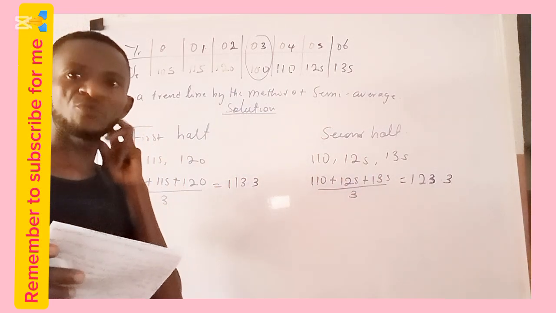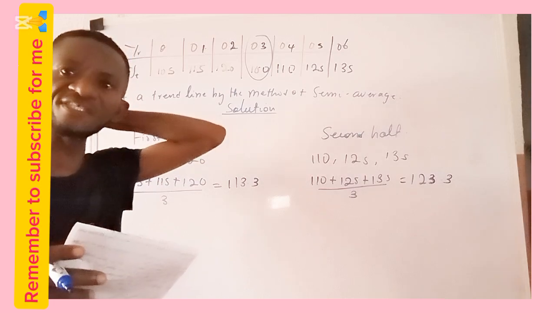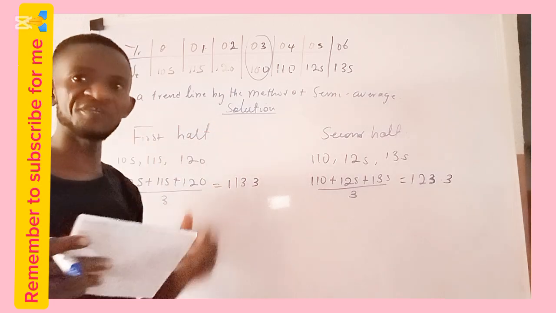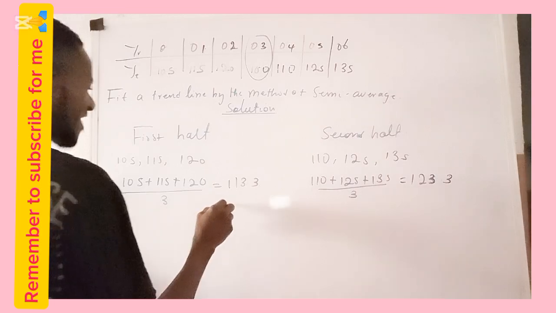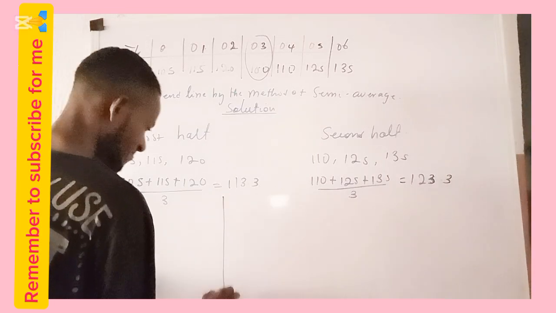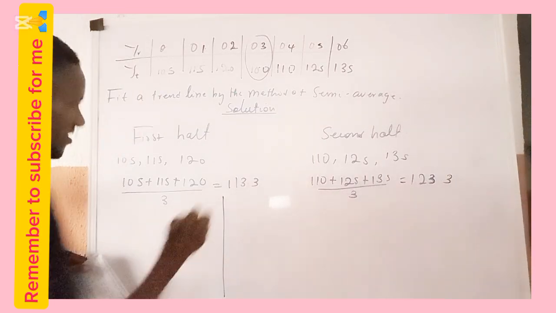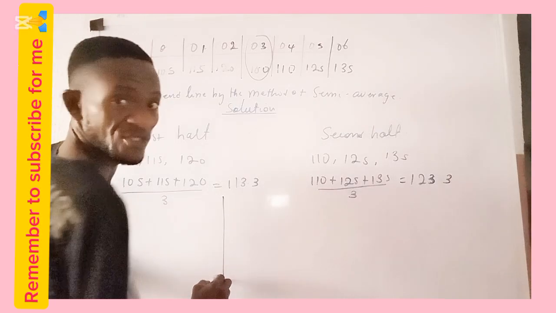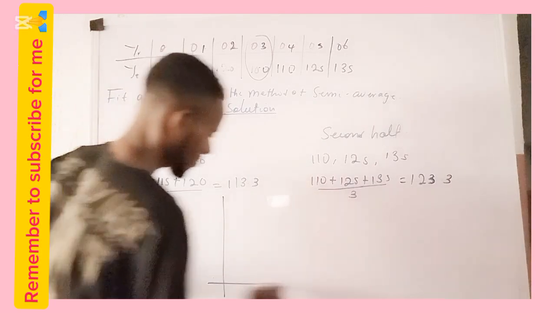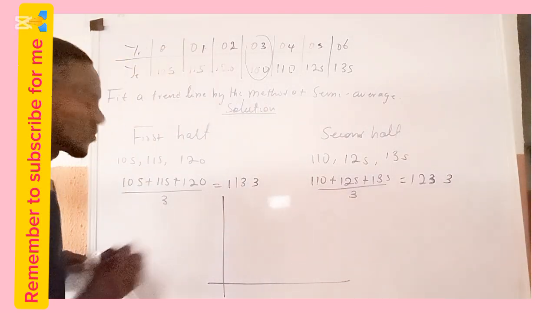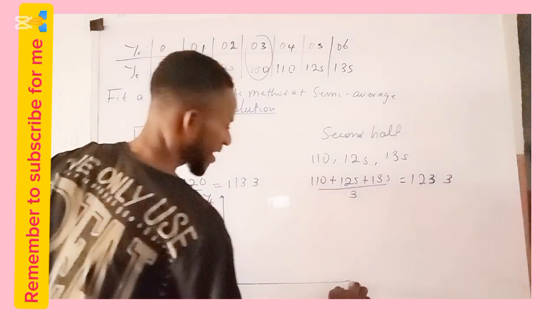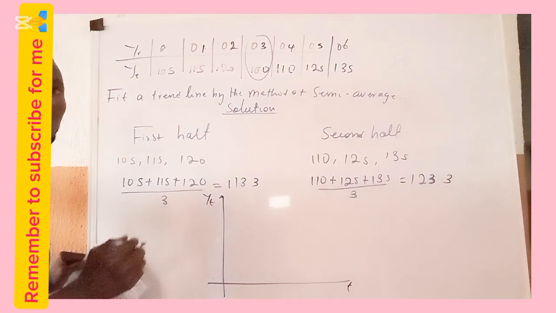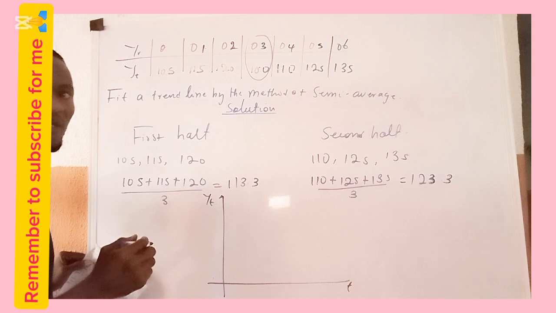And they say we should plot these averages at the midpoint of each of the halves. So we now have a line this way, then a line this way. Here is my Y of T, and here is my time.